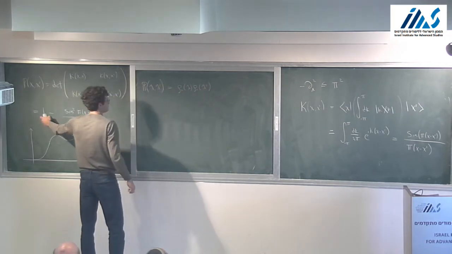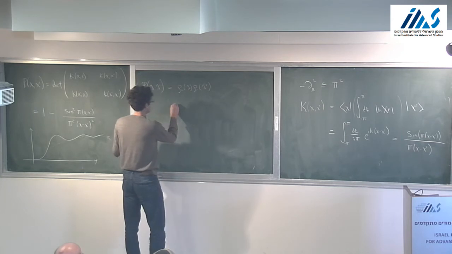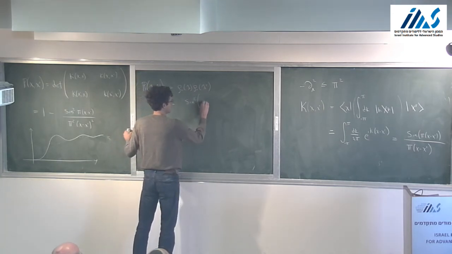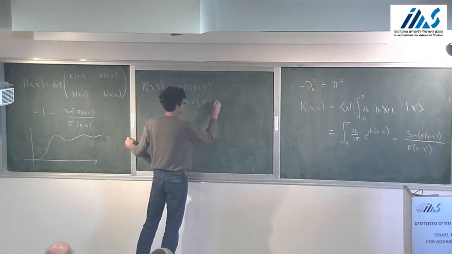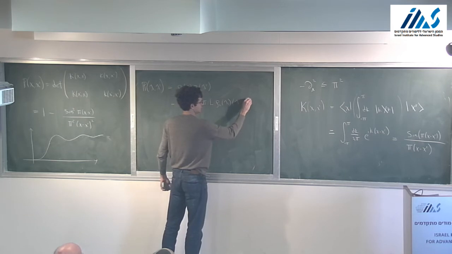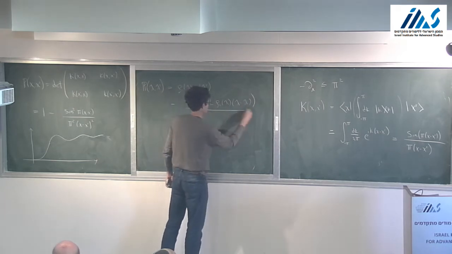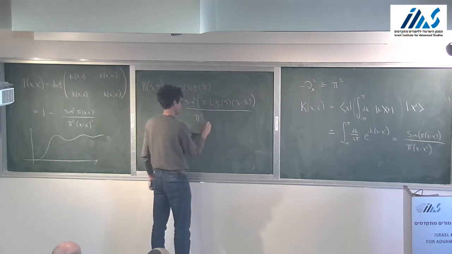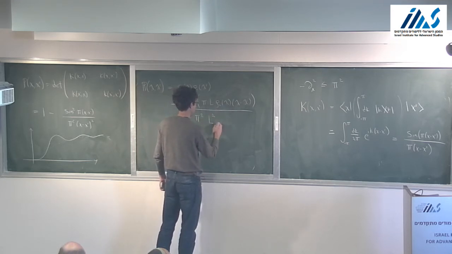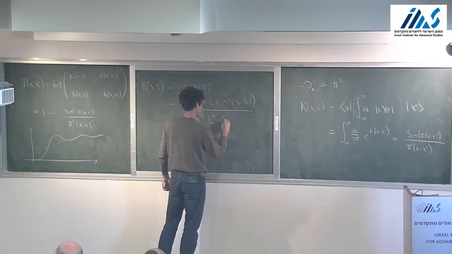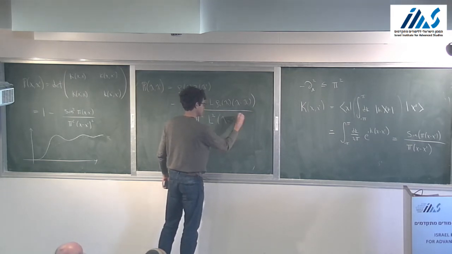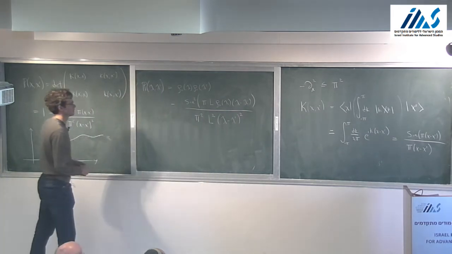That's this one term, minus sine squared of pi L rho naught of lambda naught times (lambda minus lambda prime), over pi squared times L squared times (lambda minus lambda prime) squared.